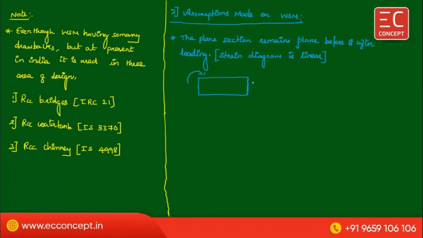After loading or after bending, this is the initial position of the beam, and finally the beam becomes something like that. After bending also the section remains plane. So this is the initial state, this is the final state. The meaning is the strain diagram is linear. This is the strain diagram.